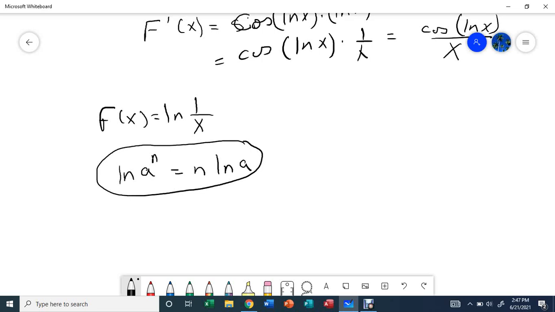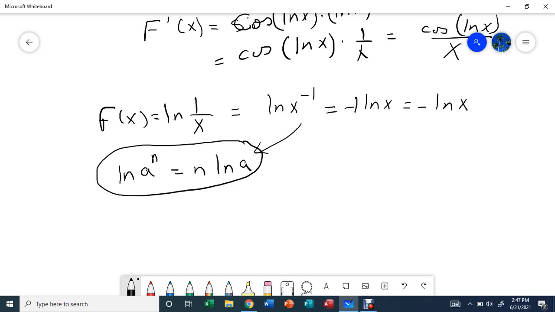This is called the power rule for logarithm. So let's apply it here. 1 over x is x to negative 1. So it's going to be ln of x to negative 1. And now using the power rule for logarithm, we pull the negative 1 in front of ln of x, which is just negative ln of x.